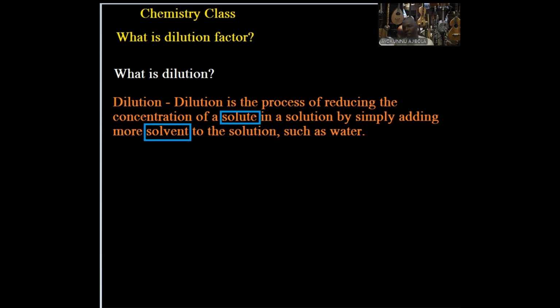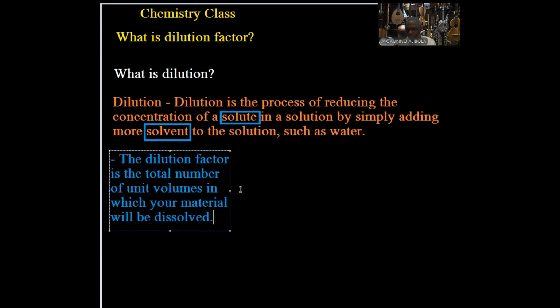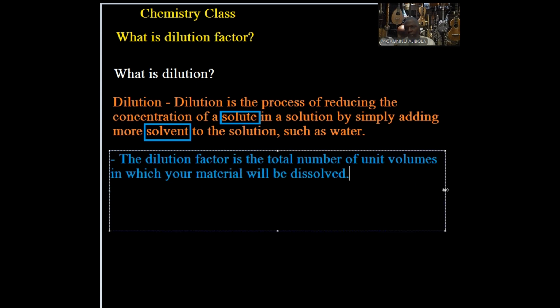So, in a nutshell, dilution factor is the total number of unit volumes in which your material will be dissolved, or the number of times the solution is diluted. So that is a factor that has to do with how many times dilution takes place.